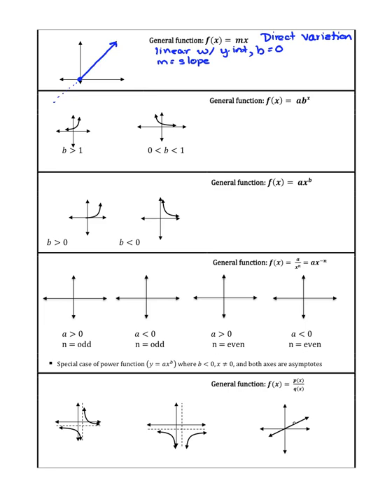And for real-world problems, we tend to limit the domain to be greater than or equal to 0, and we limit the range then to be also greater than or equal to 0, but that's as a real-world application.